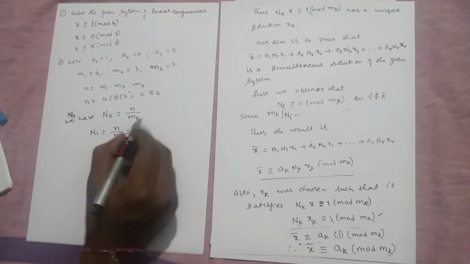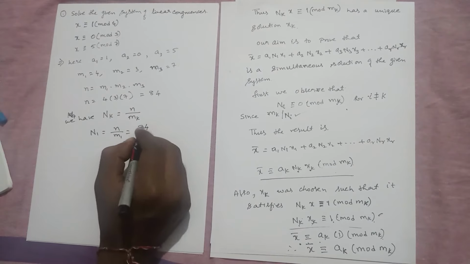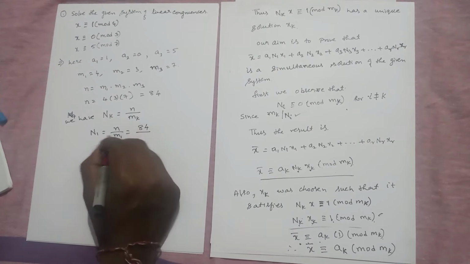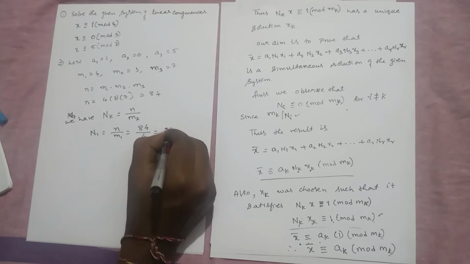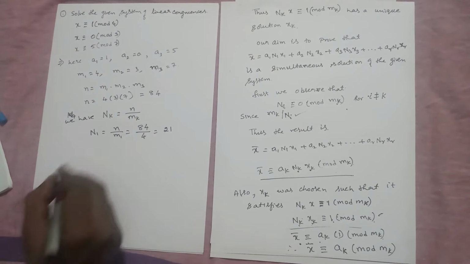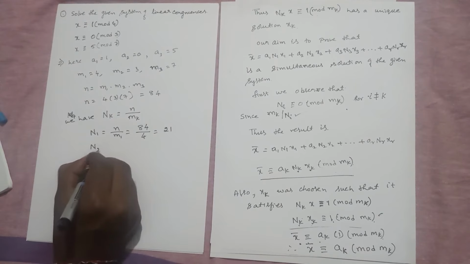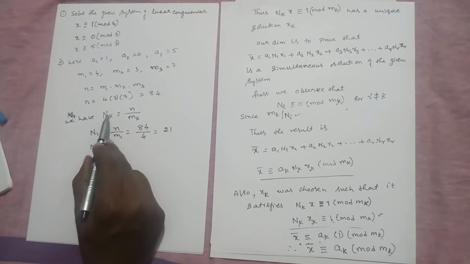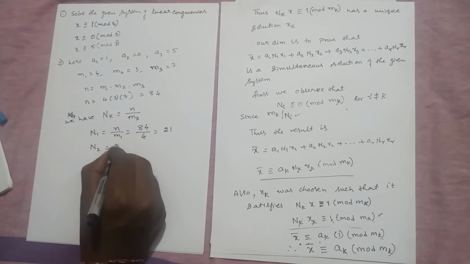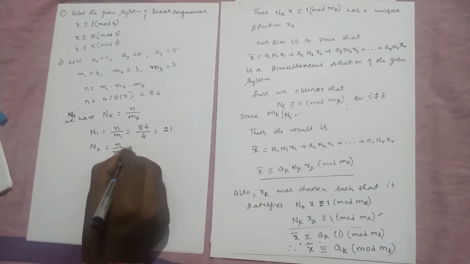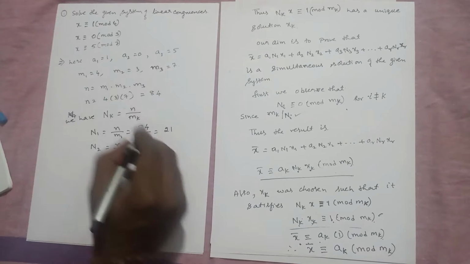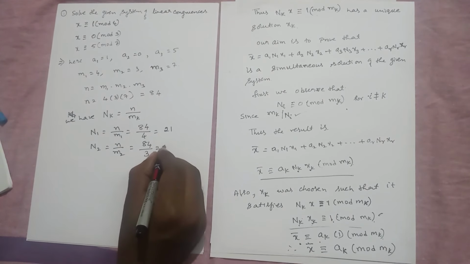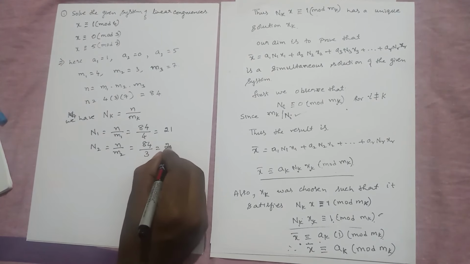So what is n? n is 84 divided by m1, which is 4. So how much will we get? It will be 21. Next, put k equals 2. n divided by m2. So n is 84 divided by m2 value 3. If you divide, you get 28.